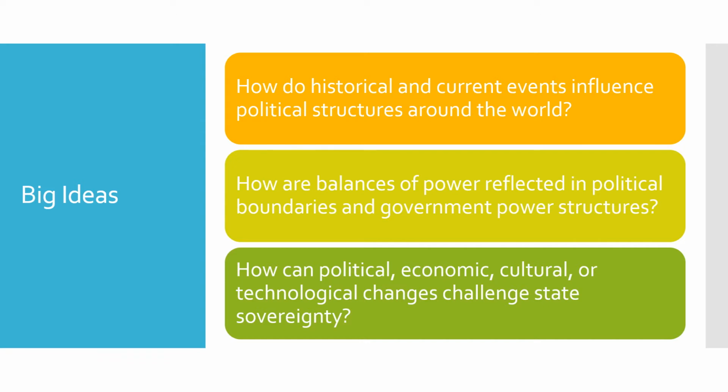So, how do things that are happening around us impact the political structures of how politics and governments work? How do countries working together, the balances of power, impact not only how governments work, but also the boundaries and borders of which we work with? And then how can political, economic, cultural, and technological changes challenge state sovereignty or power? So let's rock and roll.